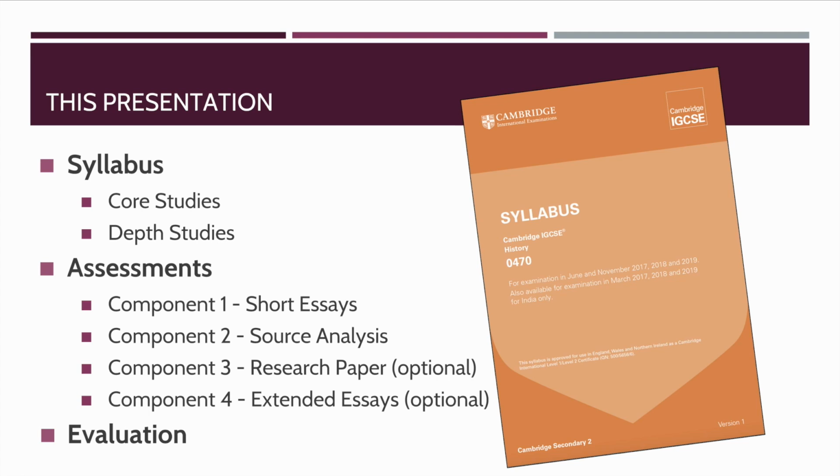Often these are all referred to as paper 1, 2, 3, and 4. Each of these different assessments has a different point of view, so we'll go over that. And then finally, I'm going to talk to you briefly about how these different components are evaluated and how you can get the best score in each.